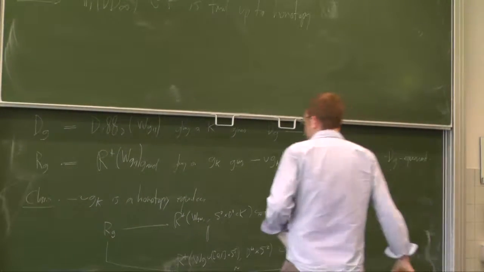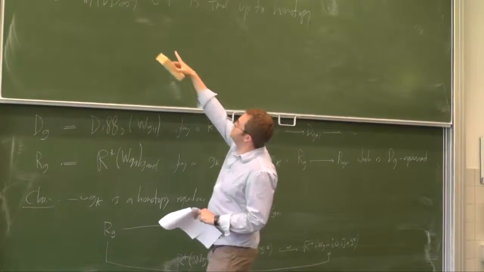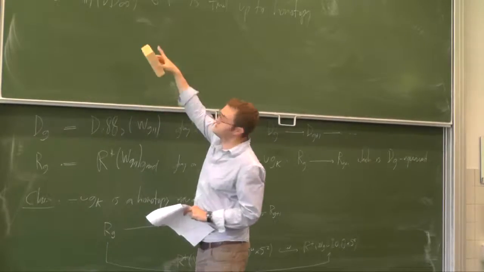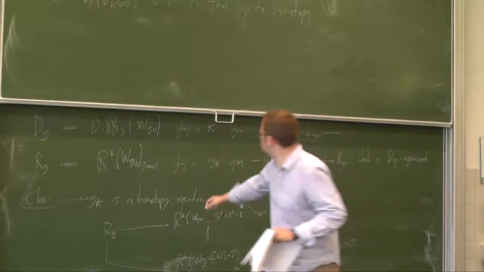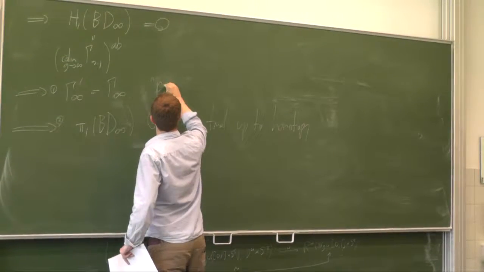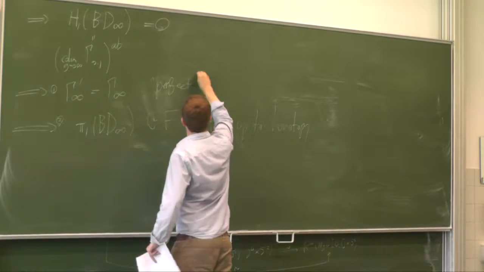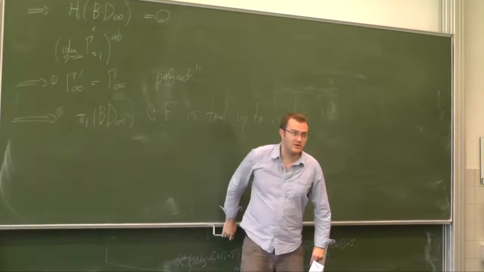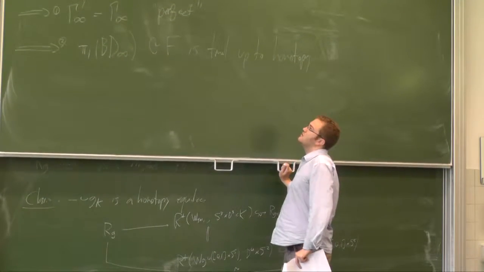The way I want to use this is, groups that are so-called perfect, which is the name of this property, equal to its commutator subgroup, play an important role in algebraic K-theory.